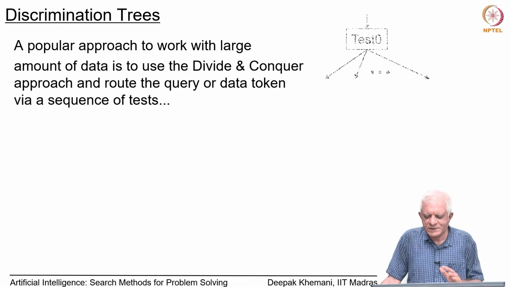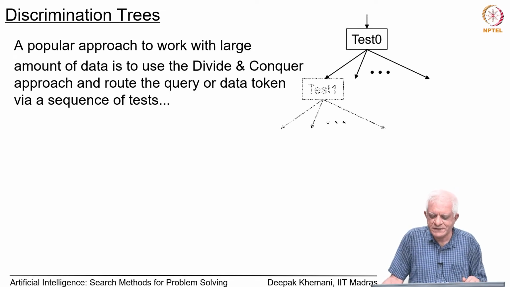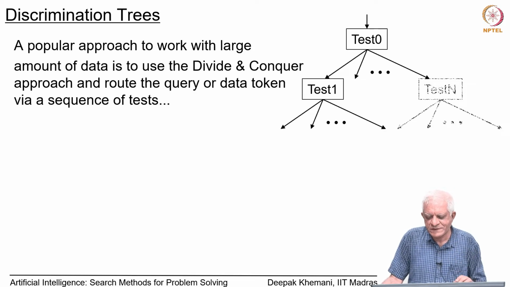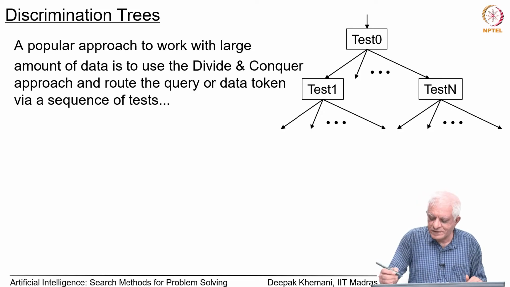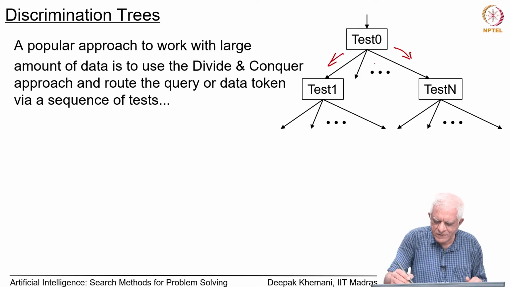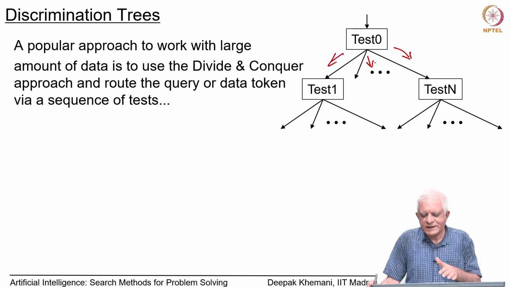The generic diagram of such a discrimination tree looks like this: you do a test which we call test 0, then based on the value of test 0, it will go down to one of these branches below, and then it will do another test, and again it will get distributed and so on.